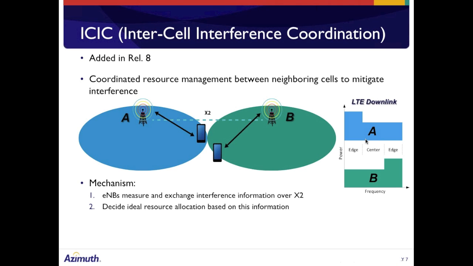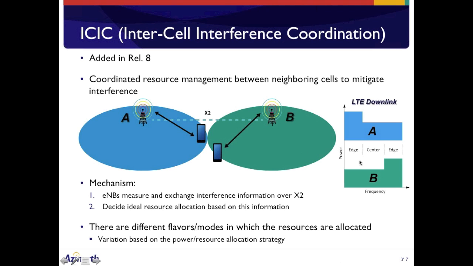And the users in the middle of the cell don't require as much power, so the allocation where they get scheduled is lower. There are lots of different ways you can handle this, and it's pretty much totally up to the base station vendor to develop their own scheduling algorithms to best take advantage of this.